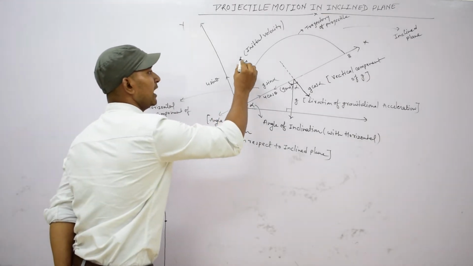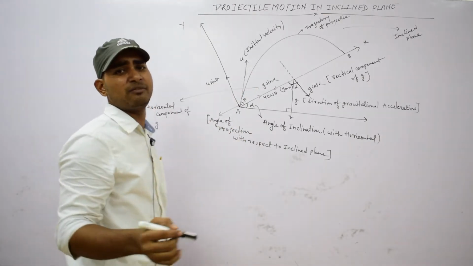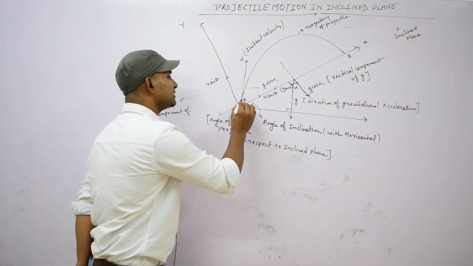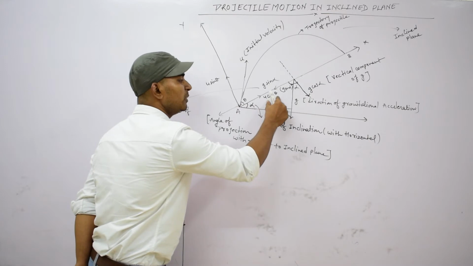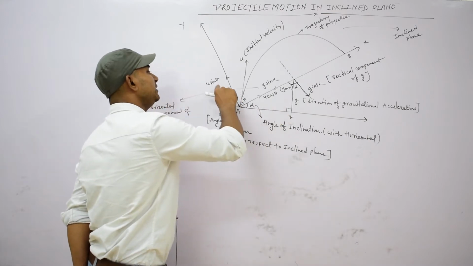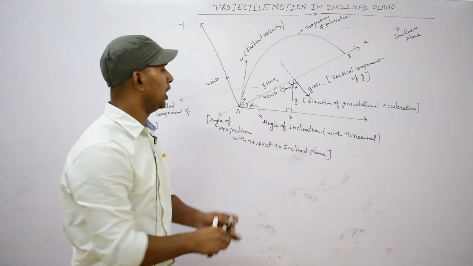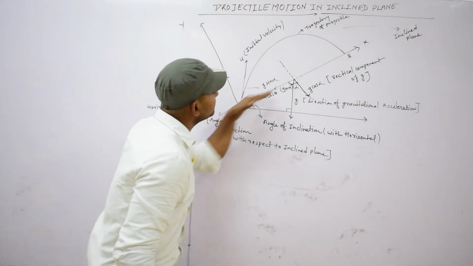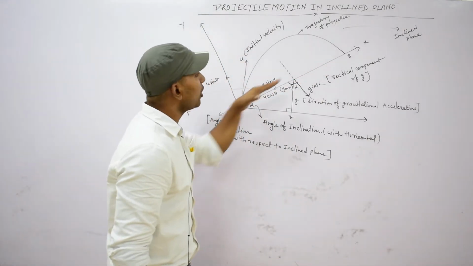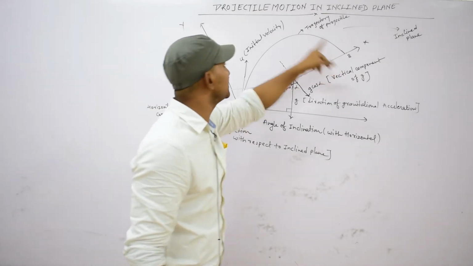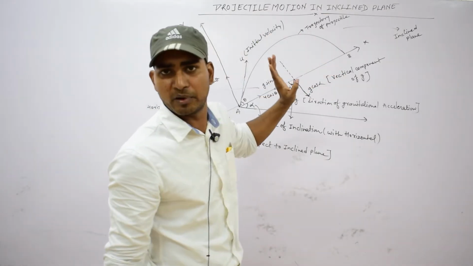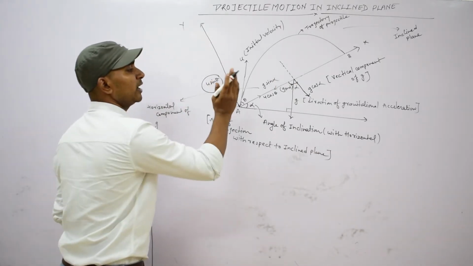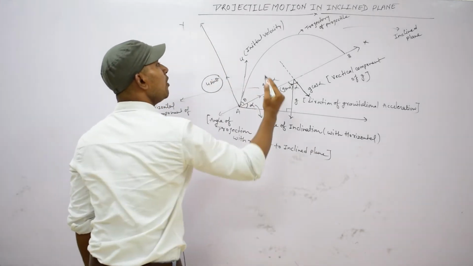As velocity is a vector quantity, we can resolve it into horizontal and vertical components. If this angle is theta, then this would be u cos theta and this will be u sin theta. U cos theta assists the body to move along the x-axis direction of this inclined plane, and by the help of u sin theta it will move towards the y-axis.